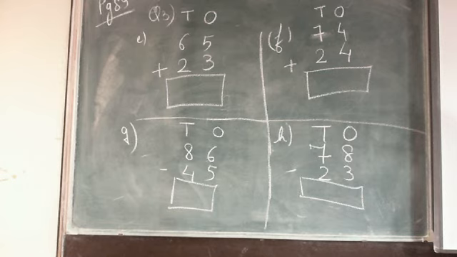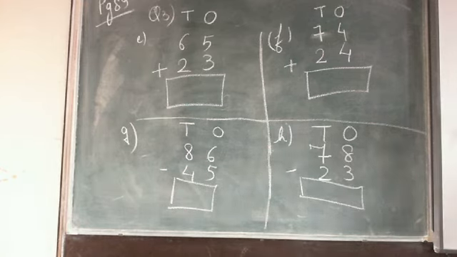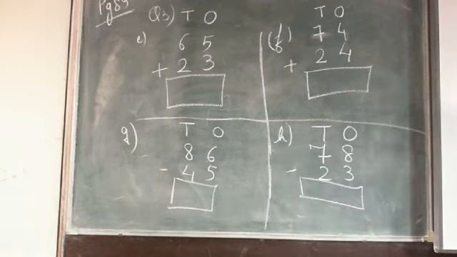First read the number. First add and subtract from the ones place and then the tens place. Do it fast, then I will solve it and you check the answers.